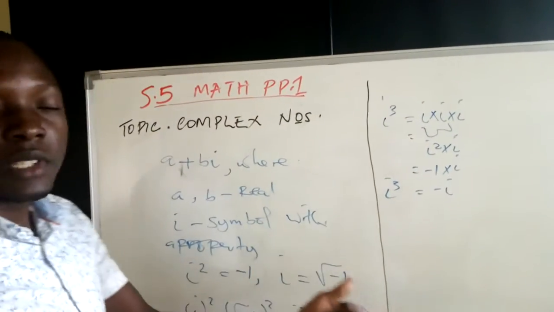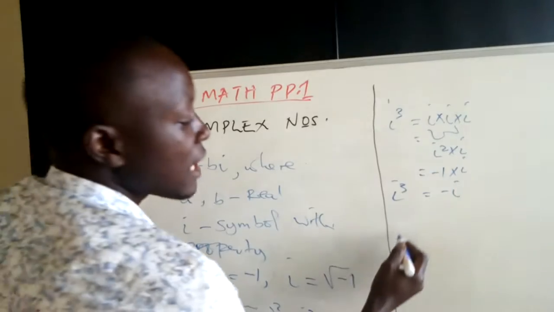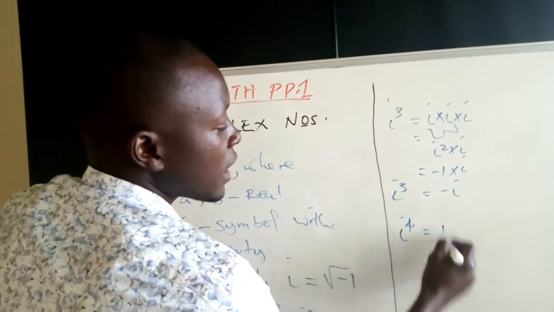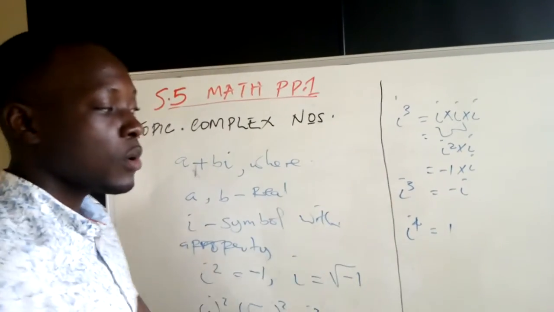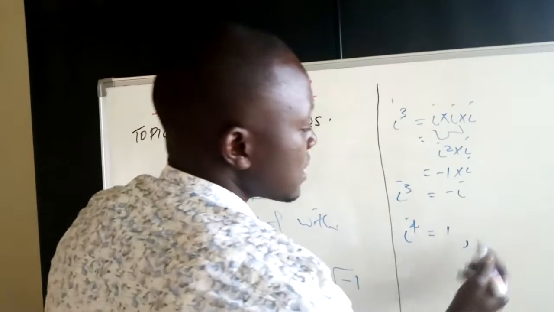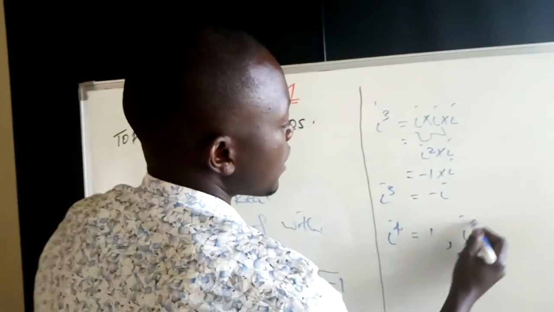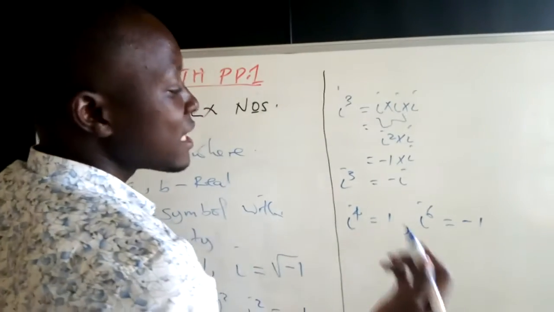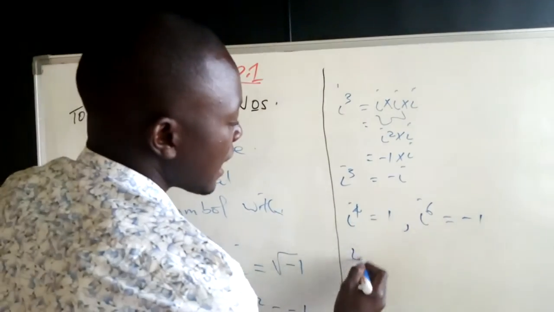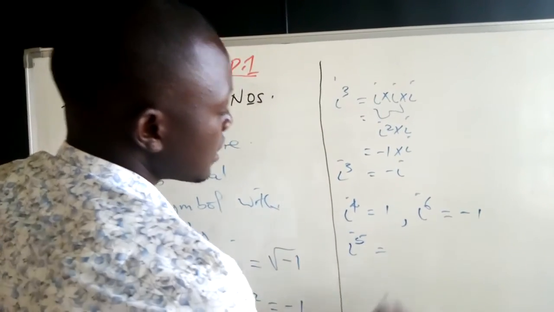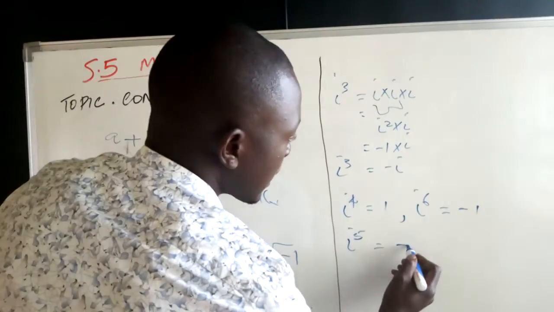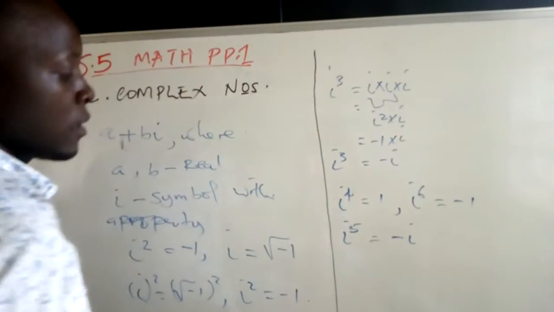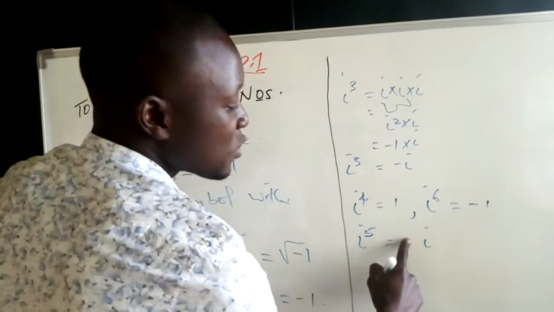We can further use the same idea to show that i power 4 is 1. And furthermore, we can show that i power 6 is -1. You can still use the same to show that i power 5 is going to be i.